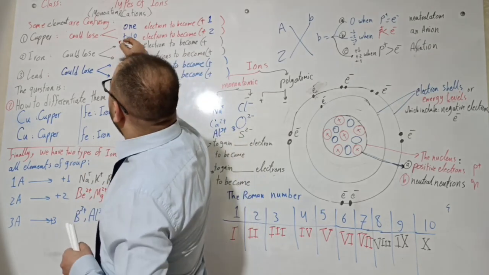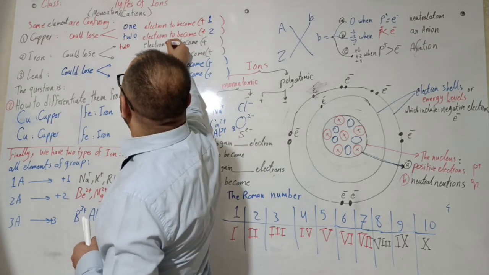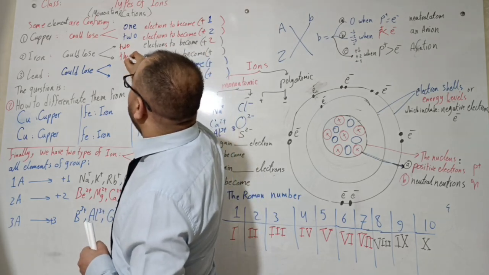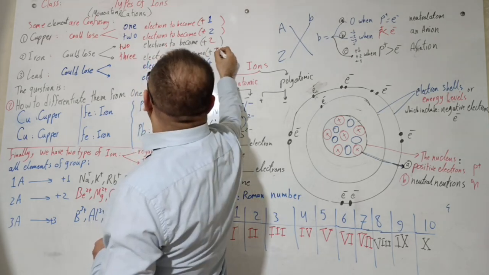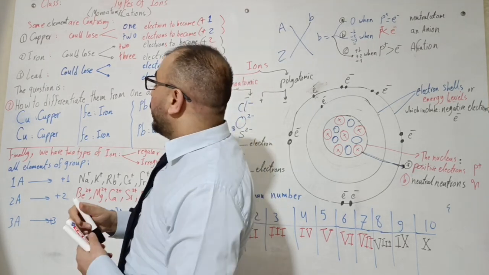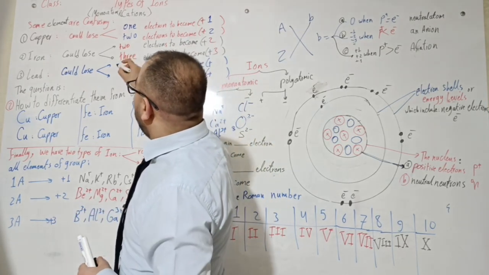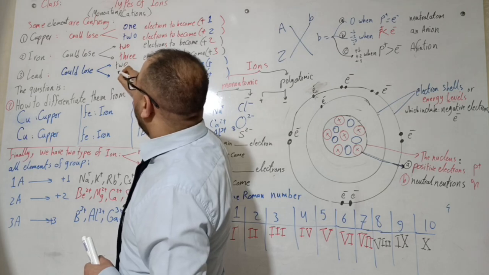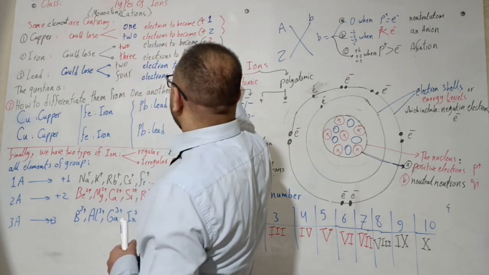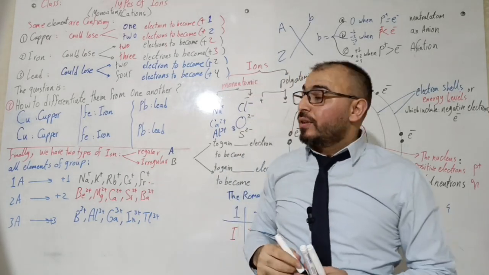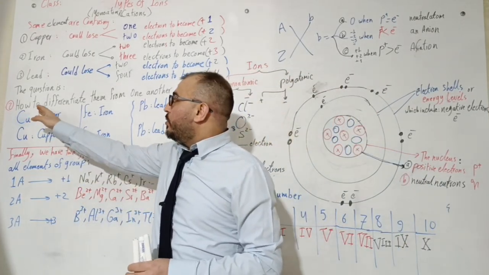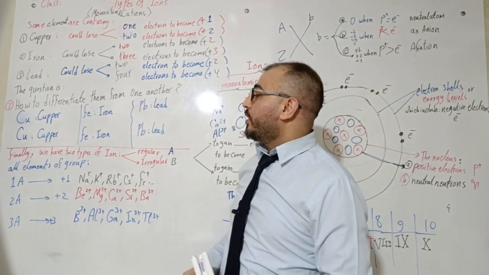Iron could lose also 2 electrons to become +2, or could lose 3 electrons to become charged with +3. The last option here is lead, which could lose 2 electrons or 4 electrons to get the charge +2 or +4 in these two different options. And the question is how to differentiate them from one another.